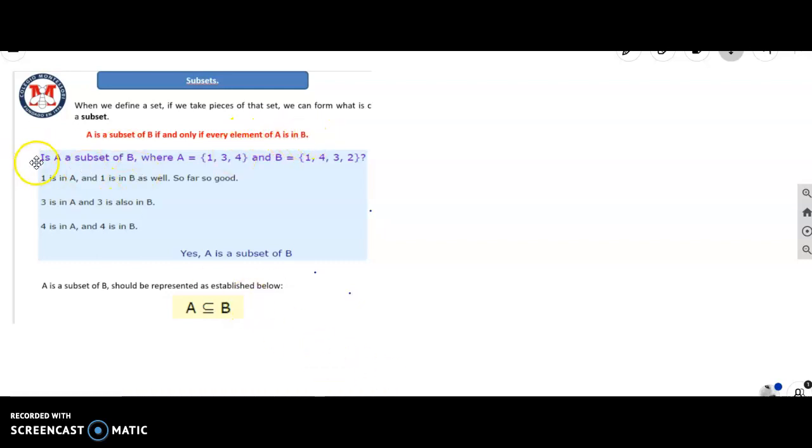So they ask us, is A a subset of B, where A equals 1, 3, and 4, and B equals 1, 4, 3, and 2?